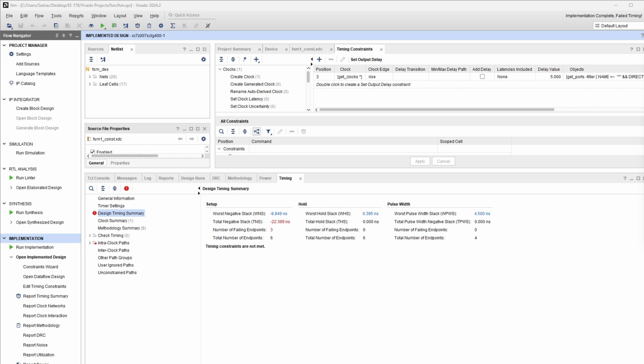The WNS and the TNS just mean by how much it is out of reach from the clock cycle, from my understanding. And we want it to be at a point where it is in sync with the clock cycle.